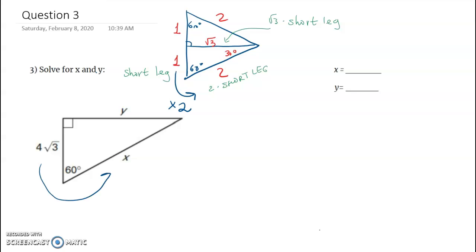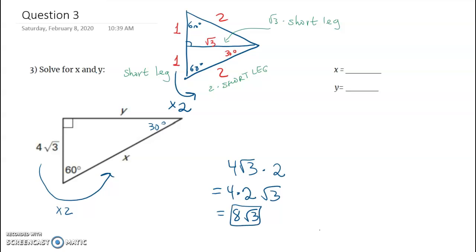So that tells me right here that if my short leg, the one across from 30 degrees, is 4 square root of 3, I must double it. So 4 root 3 gets multiplied by 2. When you multiply, 4 is rational, square root of 3 is irrational, and 2 is rational. So essentially you can simplify the two rational numbers together. So 4 can be multiplied by 2 and be simplified to 8. But square root of 3 is just square root of 3, so there's nothing you're going to do with that. So it's just going to be 8 root 3 for the hypotenuse.